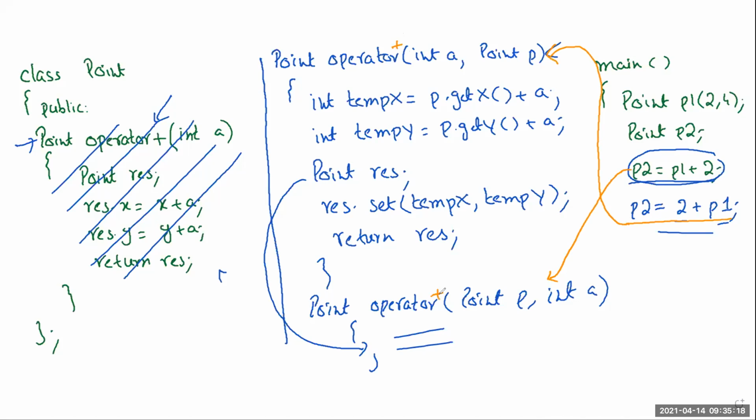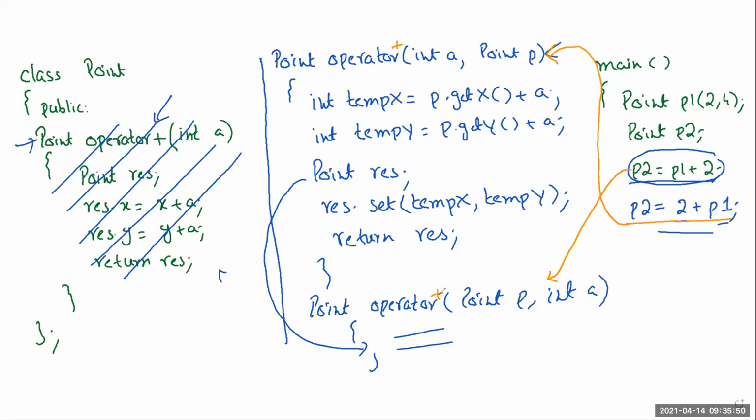Okay, so in summary, the reason of having operator overloading with non-member function is that sometimes we do not have objects of the same class in an operation. And for that, I have given you an example where, when we are adding two things, one of those is an object of point class, but the other is an integer. As long as someone is writing point plus integer, that is okay, your member function will work.